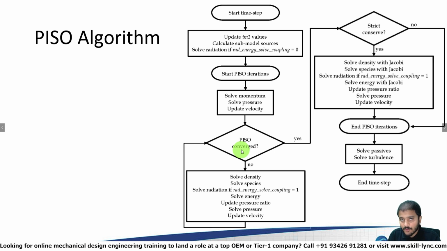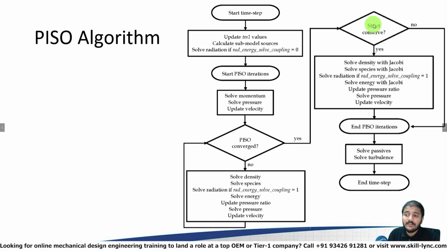Now say that the equations are not converged, then you solve the equations for density, species, or any other transport equations that you have, and then you update your pressure ratio, solve for pressure, update the velocity, and you keep on doing this process. Now once the PISO is converged, the code is going to check if the strict conserve flag is on. This makes sure that the transport equations are solved more tightly, meaning they are solved closer to the tolerance.